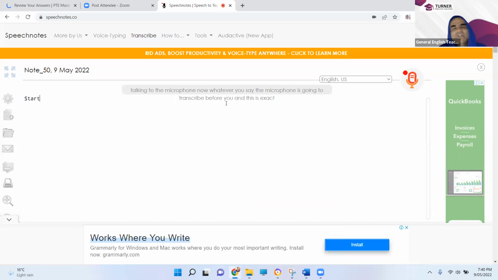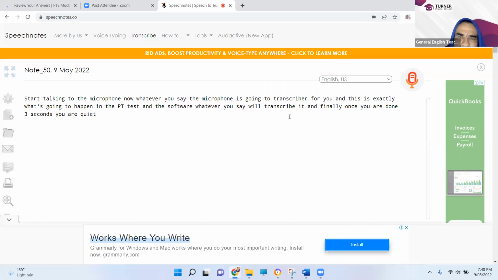And this is exactly what's going to happen in the PTE test. And the software will transcribe whatever you say. And finally, once you are done, 3 seconds, you are quiet. The computer actually saves it, and then the buffer lets go and then starts it all over again, as you can see here.